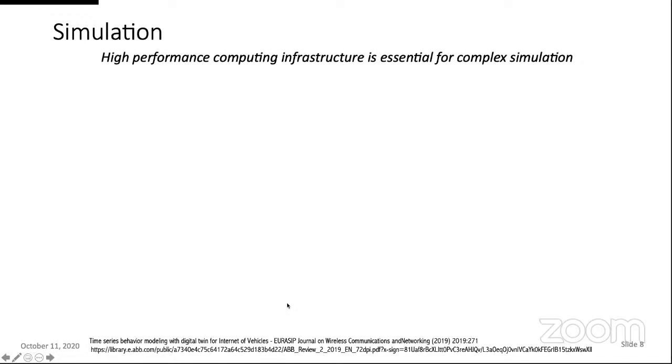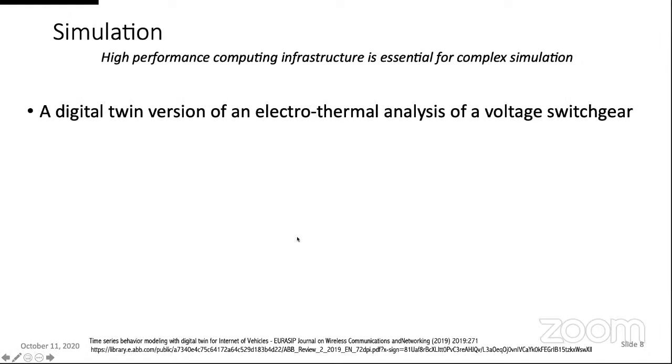Simulations are a very important aspect of digital twin. Using simulation, one can understand various properties of a physical system. For example, let's take a digital twin version of electrothermal analysis of high voltage switchgear, which is power grid equipment that needs to be compact and efficient, and it should be able to handle, let's say, extreme thermal stress.